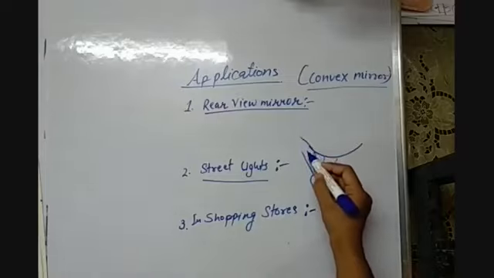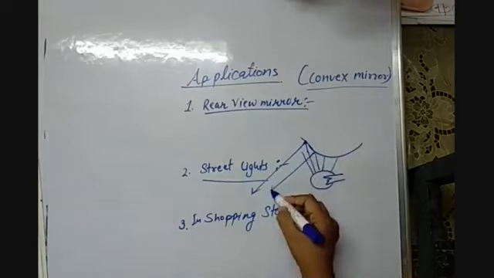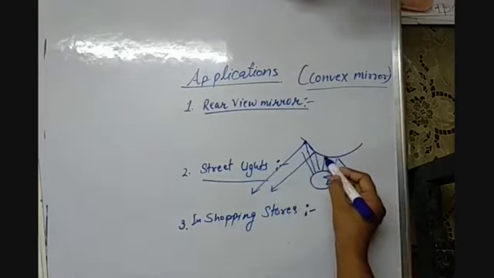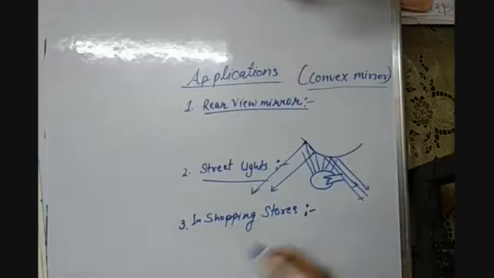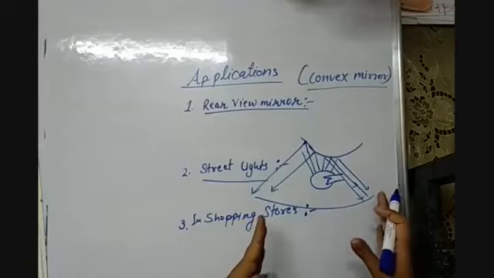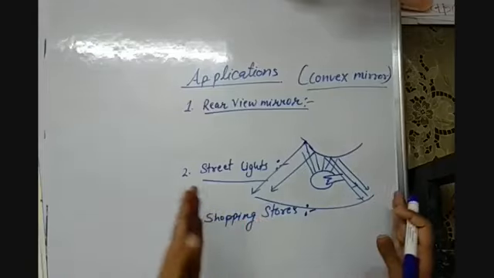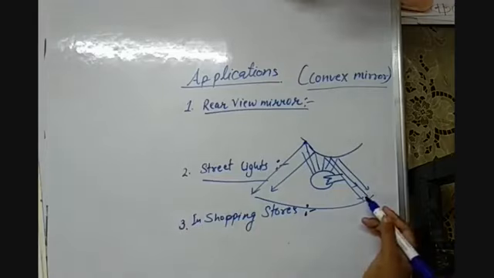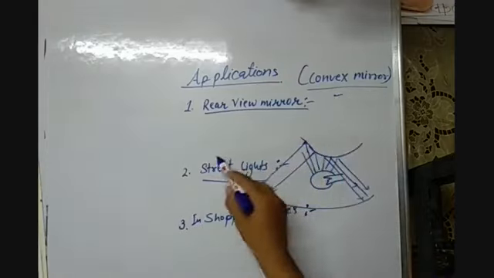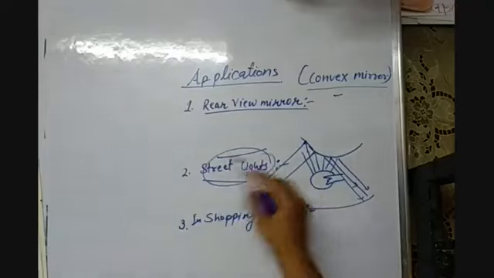Let's say these radiations are striking, so they will go in this way. So this way it is diverging the radiation, allowing more area to be illuminated. That is why convex mirrors are used in street lights.